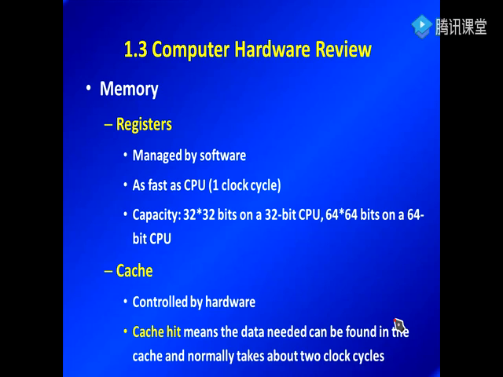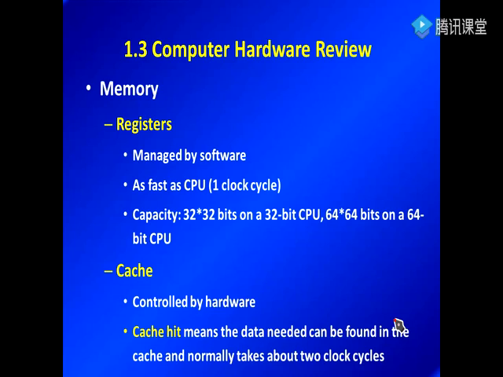Anyway, the upper layer of the memory is faster, it means faster but more expensive, and it has less capacity.